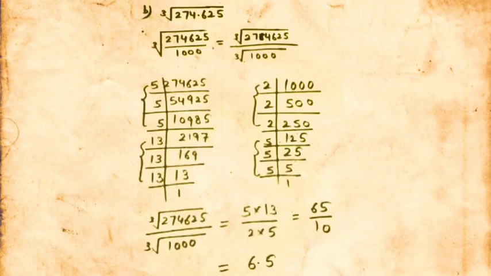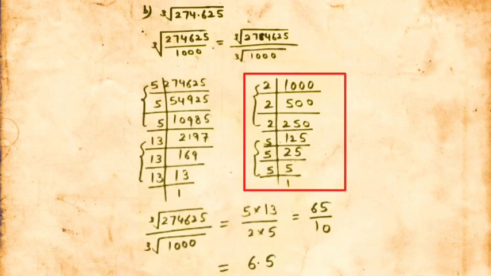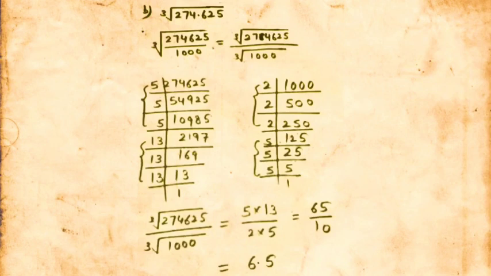Similarly, we go for the prime factorization of 1000. Firstly it is even, so it goes to 500, then 250, then 125. Then 125 is divisible by 5, giving 25, which is divisible by 5, and the last factor is 5. So we make triplets: one triplet of 2 and one triplet of 5.